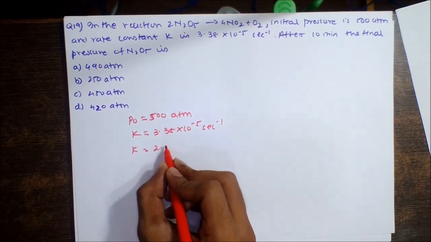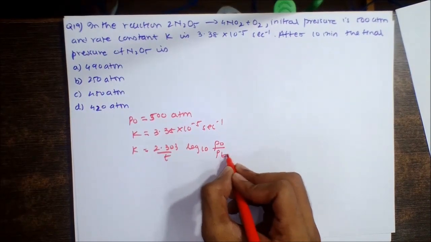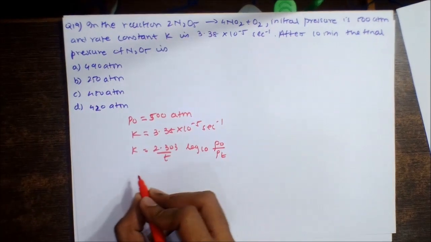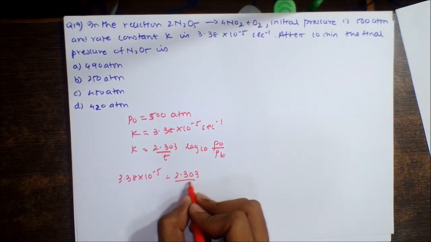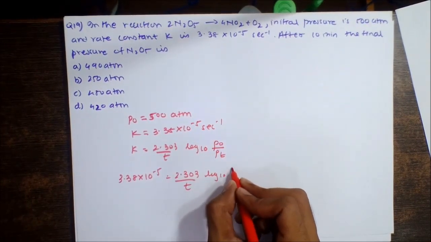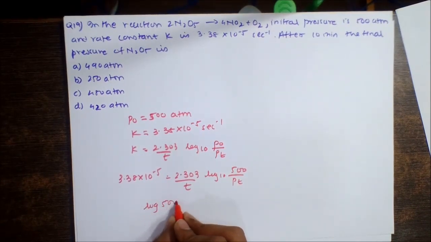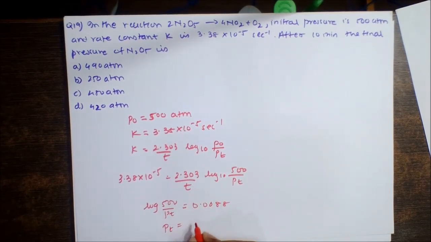K for a first order equals 2.303 upon T log to the base 10 P0 upon Pt, where P0 is the initial pressure and Pt is the final pressure. 3.38 into 10 raised to minus 5 equals 2.303 upon T log to the base 10 500 upon Pt. As time is given as 10 minutes, I can say log of 500 upon Pt would be equal to 0.0088. Pt would therefore be equal to 500 upon 1.02, which equals 490 atm.